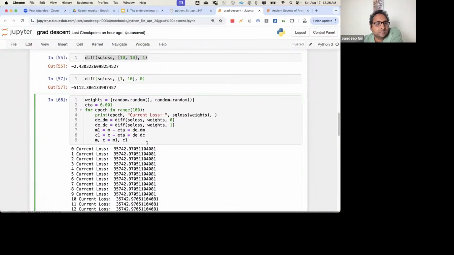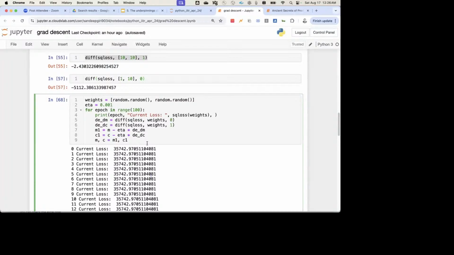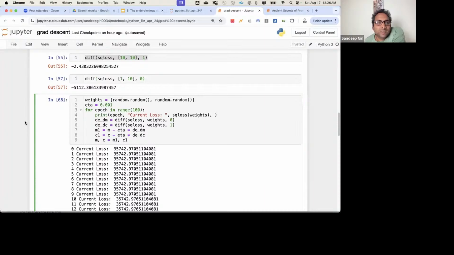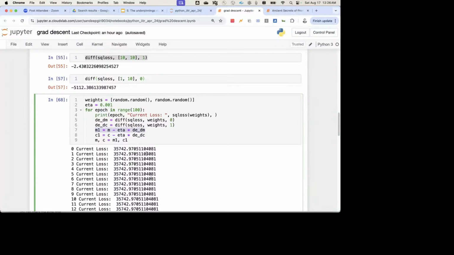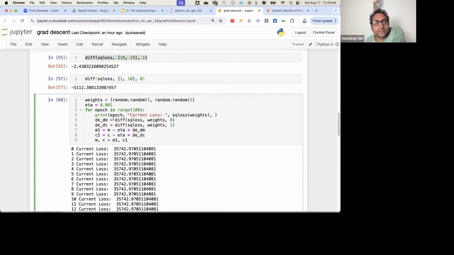One more question: what is the initial M and C for line number 7 or 8? What is the first iteration? Oh, you are right, good question.